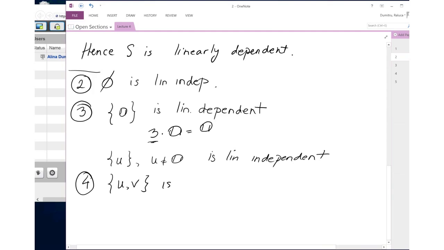It is linearly dependent if I would have a linear combination of the two equal to 0, so aU plus bV equals 0, but then, right, U would have to equal a multiple of the other. Otherwise, if this doesn't happen, independent.